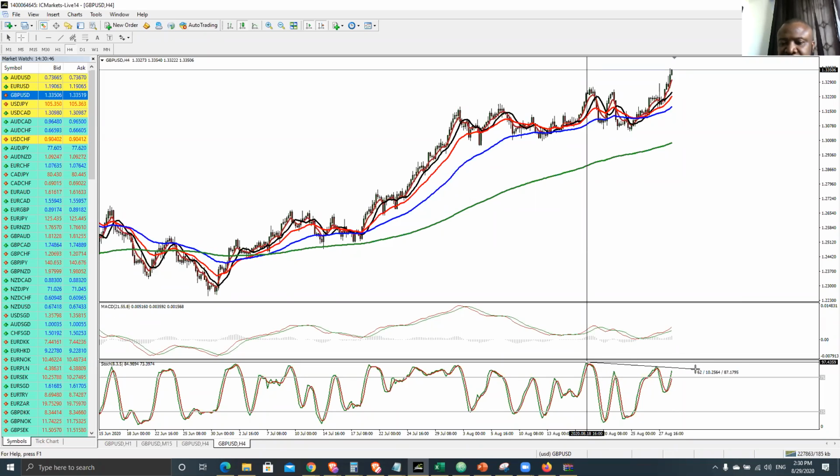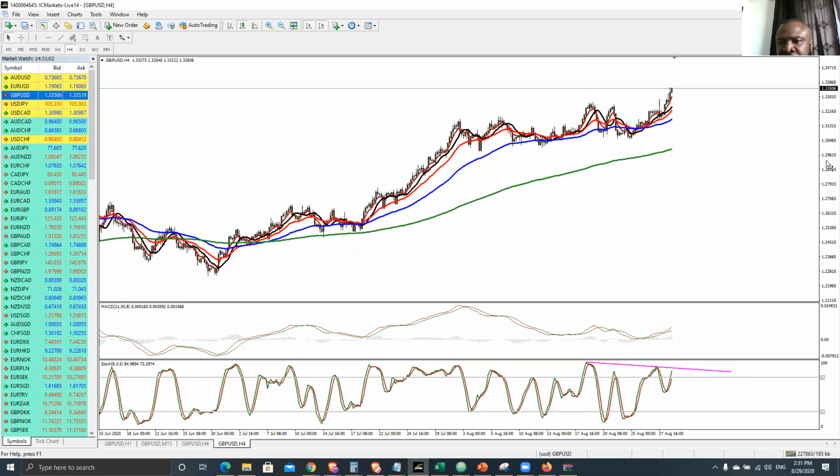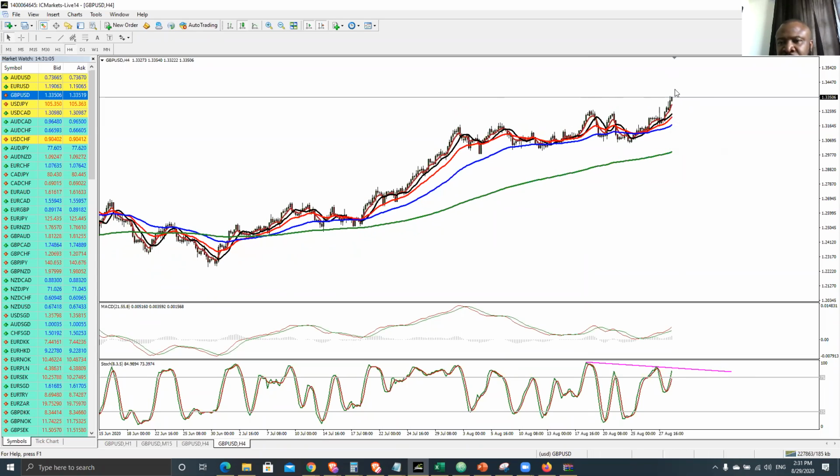So this divergence is telling me that I should be careful of high prices, okay? And I'm not supposed to be thinking of being a buyer in this location anymore.